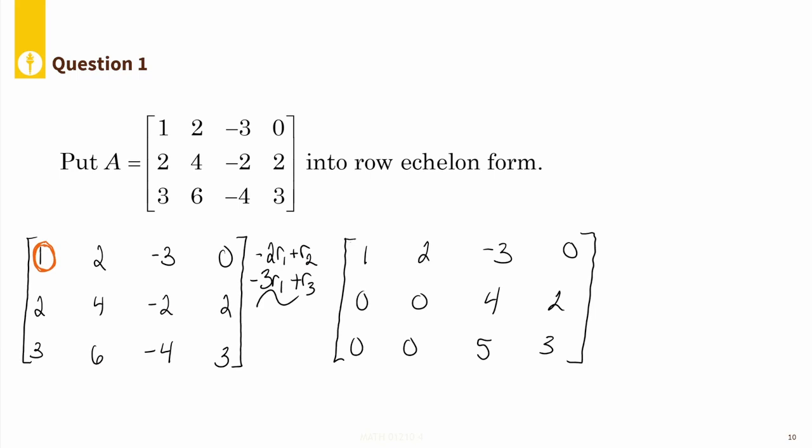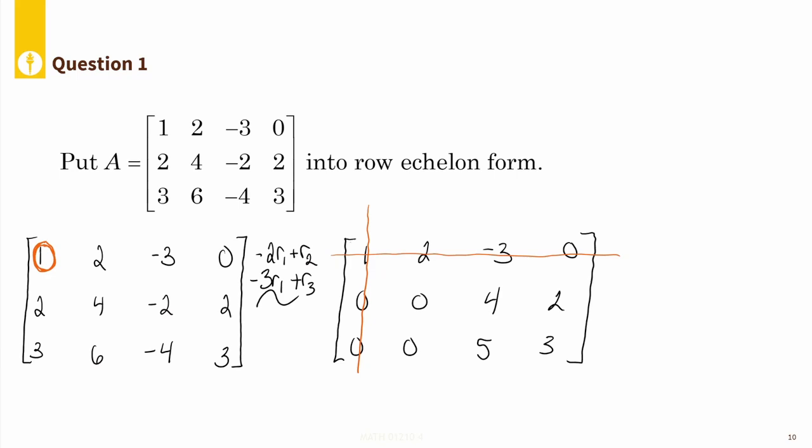Eliminate row 1, column 1, and look at the resulting matrix. You do the same process. I will get rid of these lines. This is the idea.